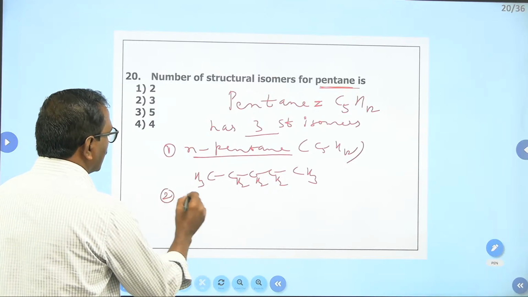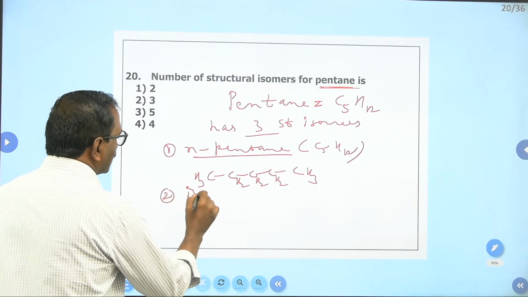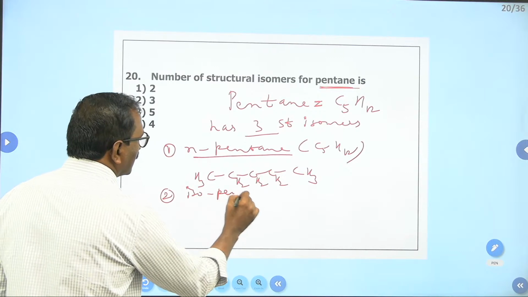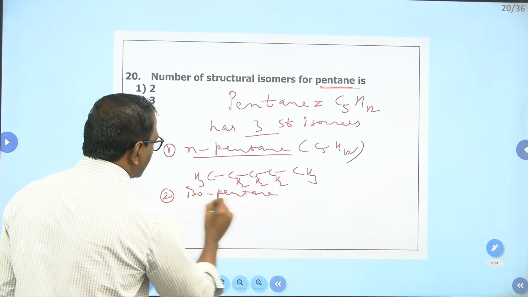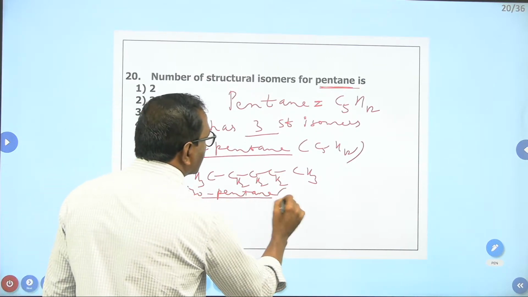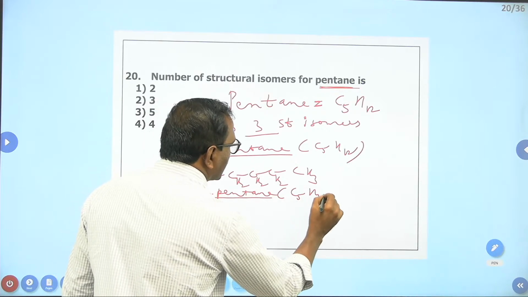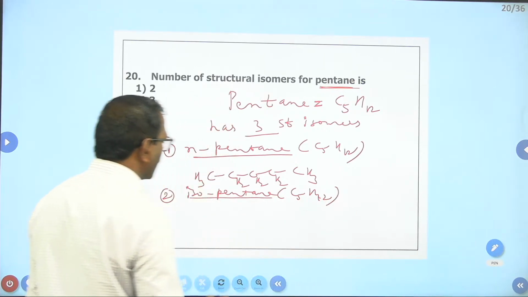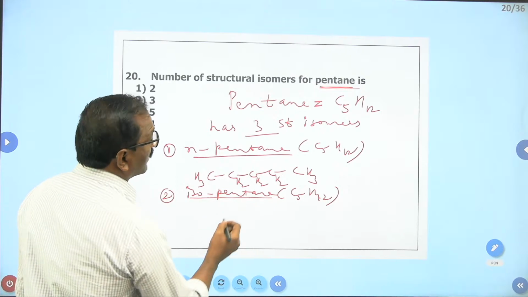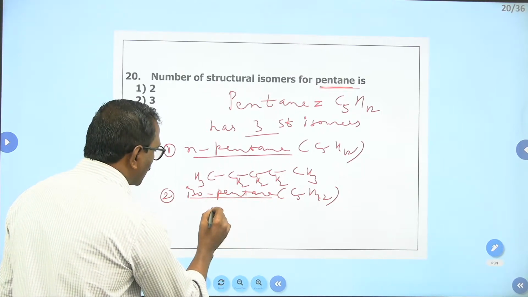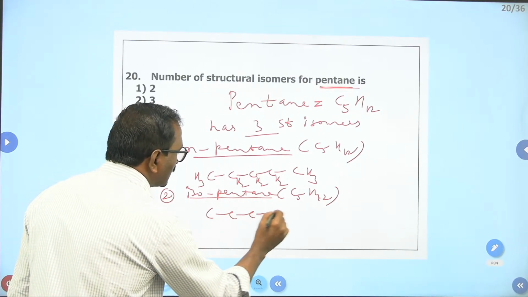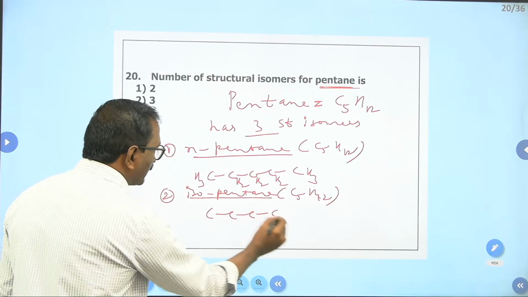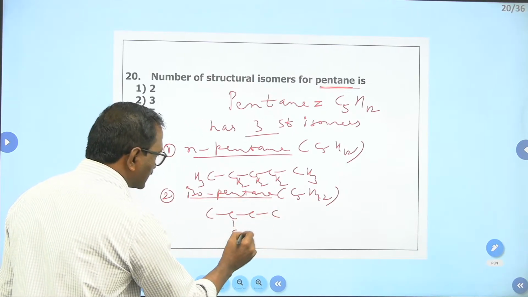Second one, isopentane. In this case, the molecular formula is the same, C5H12. Out of 5 carbon atoms, you have to arrange 4 carbon atoms in a straight line, and other than the first and last, 1 carbon has a branch.